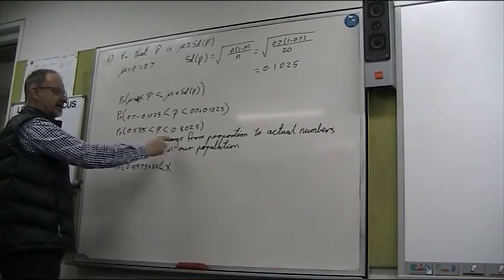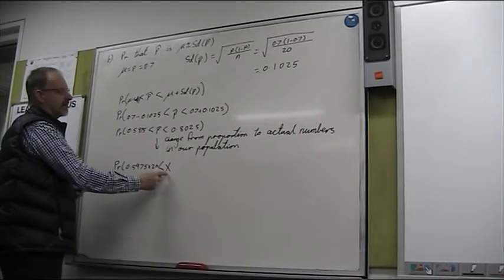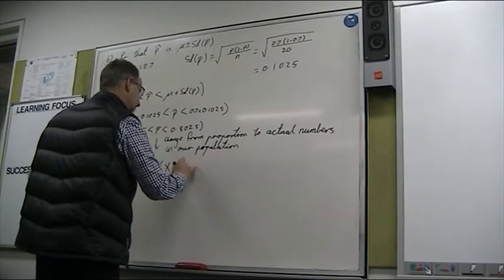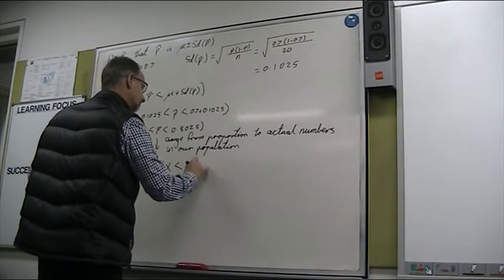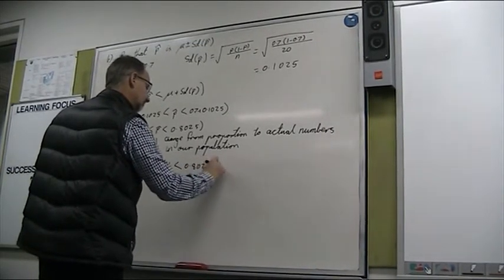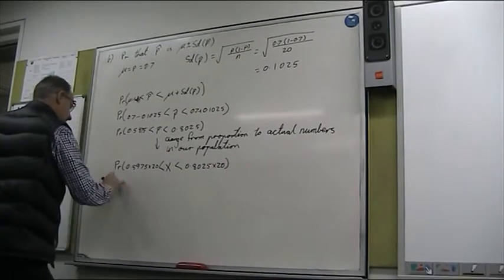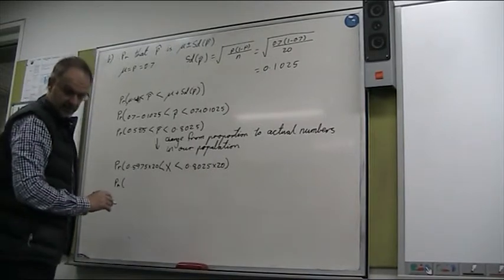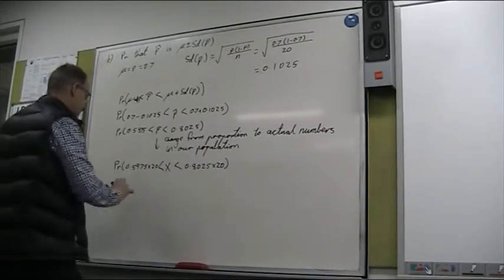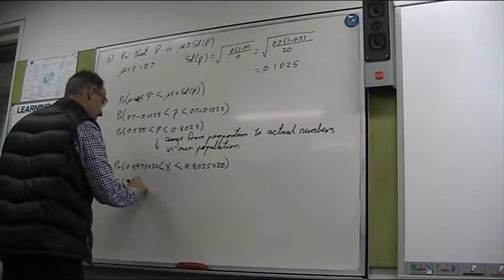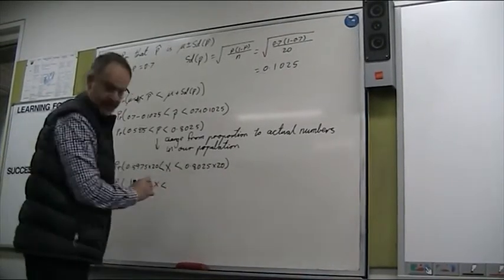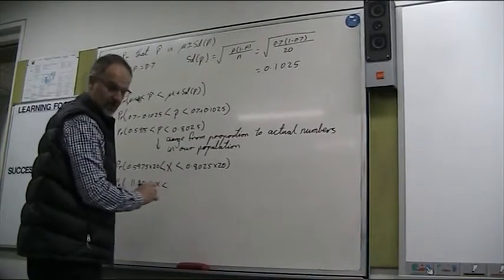We're actually changing to actual numbers, so we change that to an X. Now we've got actual numbers. And because I've worked this out earlier, you get 11.95 and 16.05.